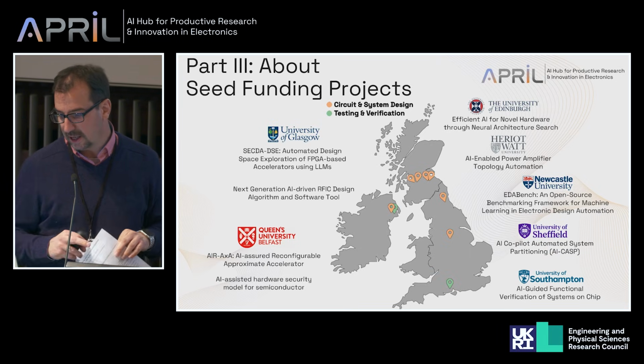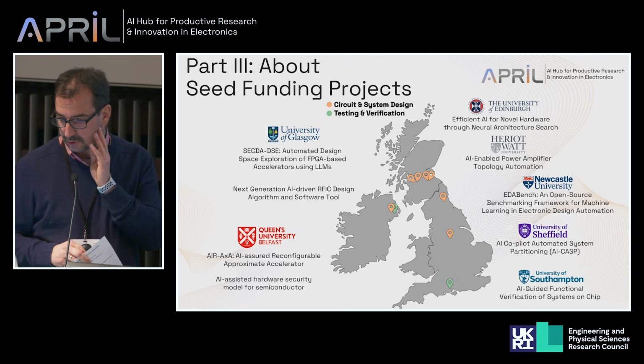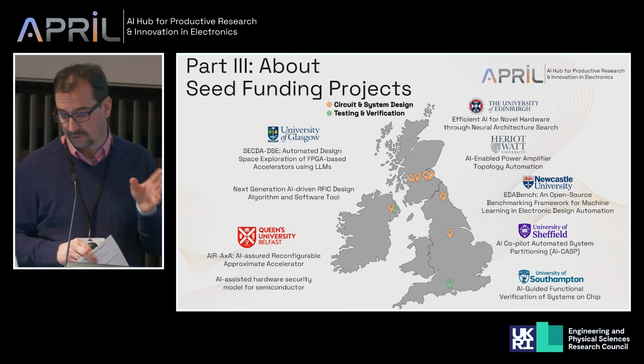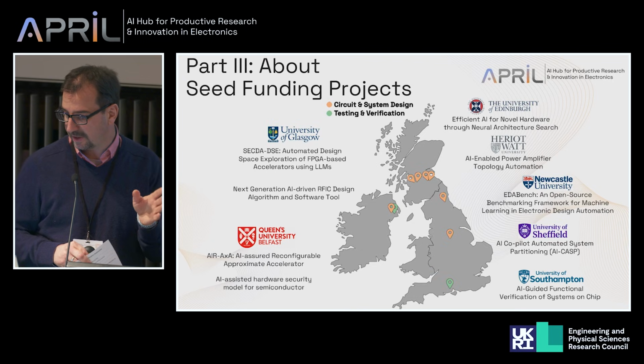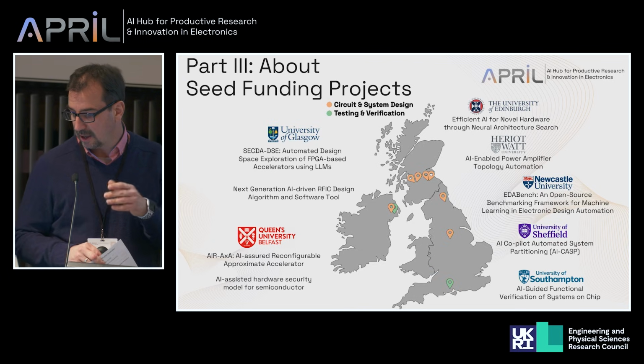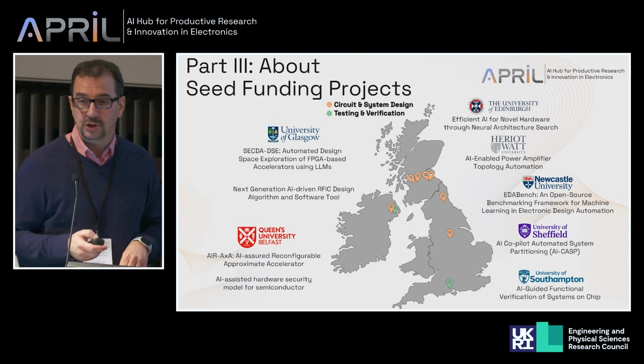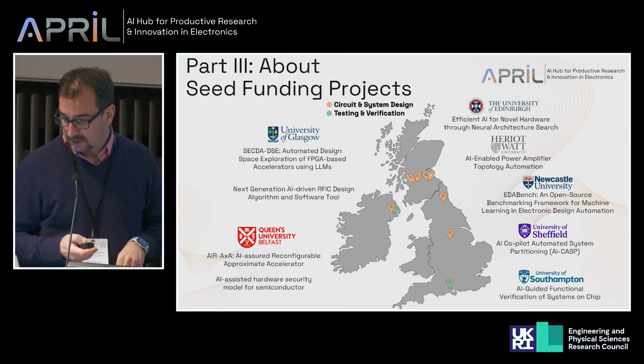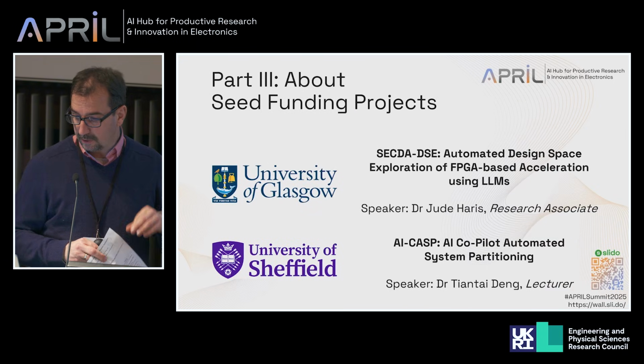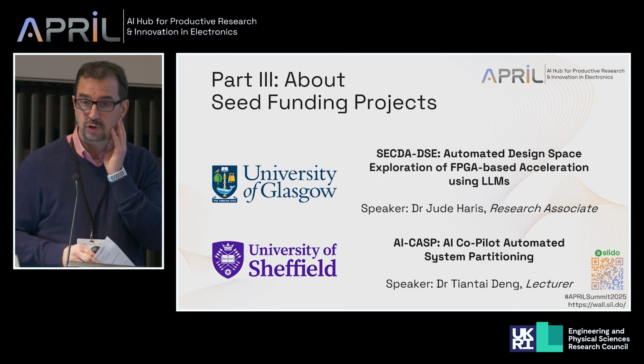As you can see, this spans across the whole UK. You have university projects from University of Glasgow, Queen's University of Belfast, Edinburgh, Heriot-Watt, Southampton and Sheffield, and of course, Newcastle.